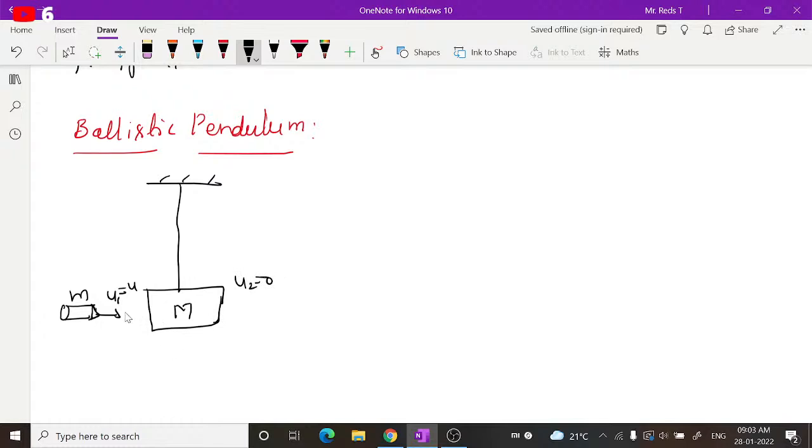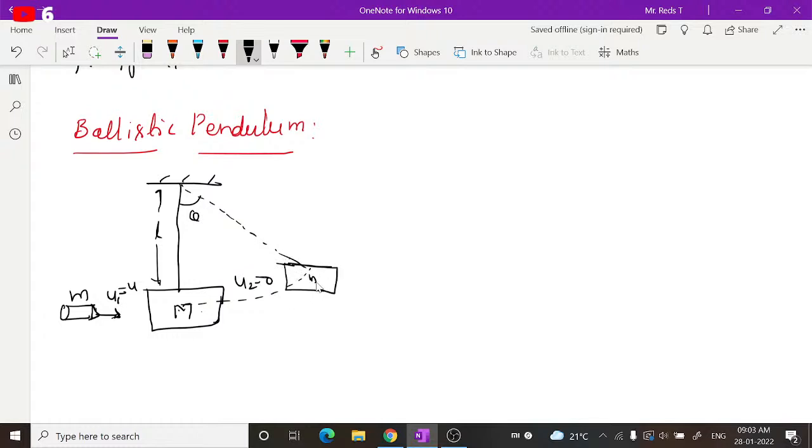then after the bullet strikes and gets embedded into the block, it will rise to some height. If you consider the string of length l, it will move up through an angle theta to this position.